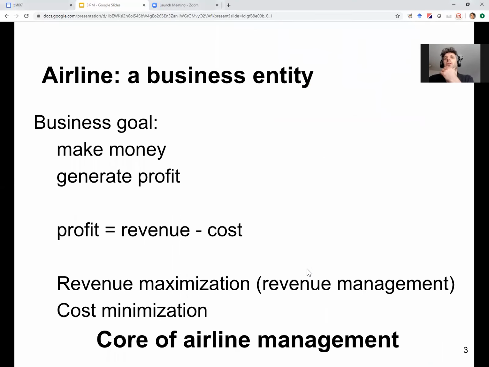Okay, so the airline wants to make money, surprise, surprise, and of course the profit that you make is the revenue that you get minus the cost. But in some sense, in the tactical phase or in the planning phase, when your routes are already decided, when you have committed to flying certain routes from origin to destinations, your costs are fixed.